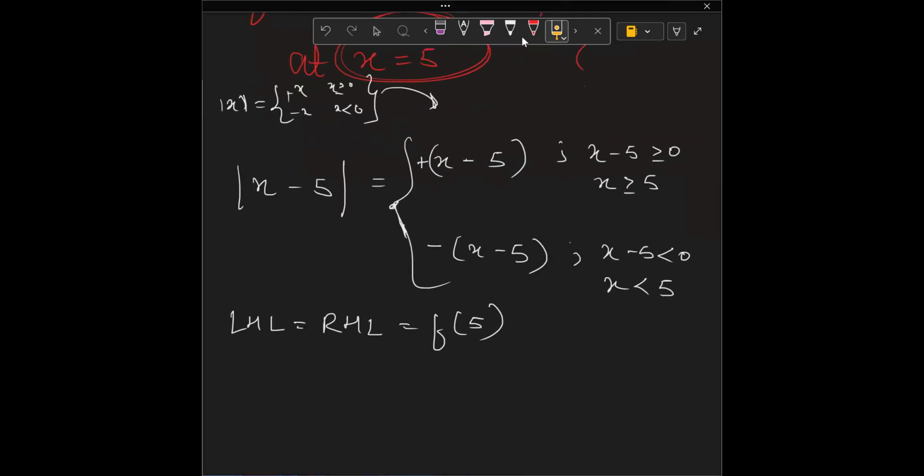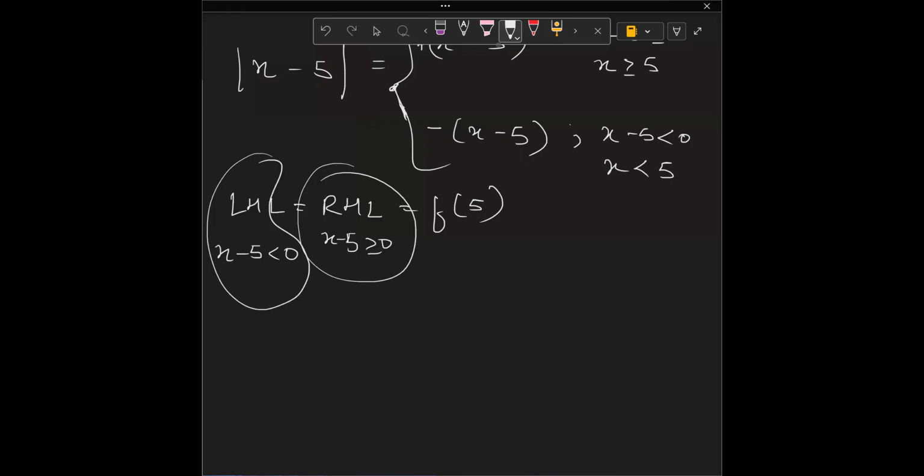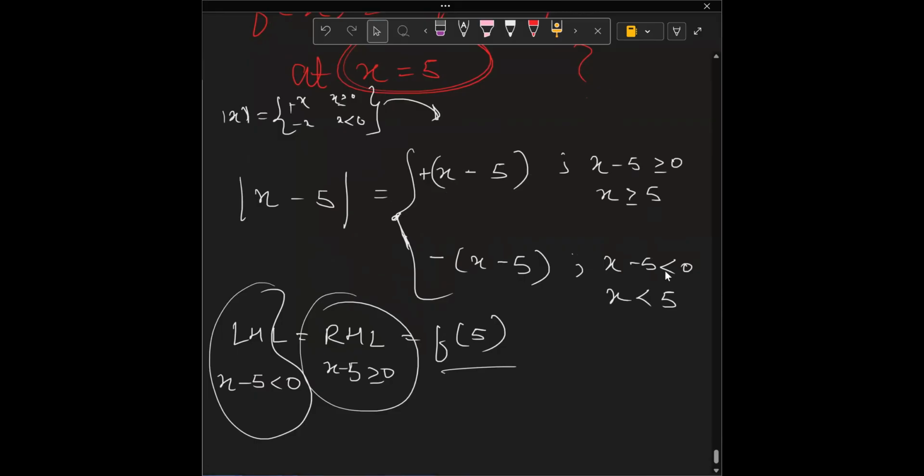So in this, this is plus x minus 5 and this is minus of x minus 5. So आपका LHL क्या होगा? When x minus 5 is less than 0 and when x minus 5 is greater than or equal to 0. This is your RHL, this is your LHL and this is a function value. So आपका LHL देखते हैं क्या है? x minus 5 less than 0, ये वाला case है.